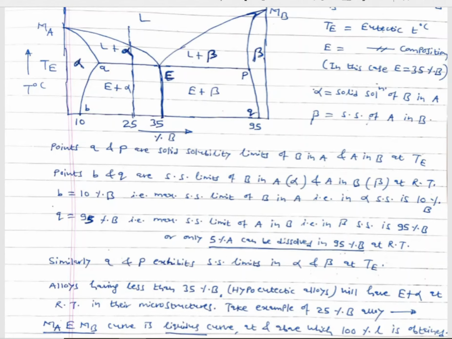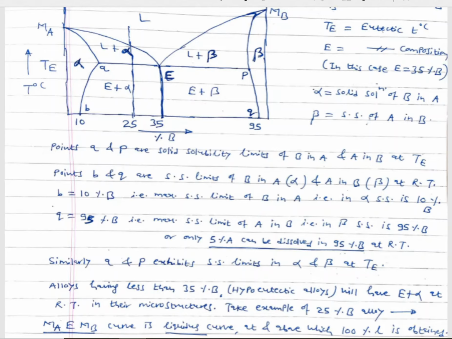And ab is called solvus curve because the composition of alpha is changing from a to b. Similarly, pQ is also called solvus curve. Here also the composition of beta is changing. Beta will be present at p as well as at Q, but the composition of beta will be a little different from each other.